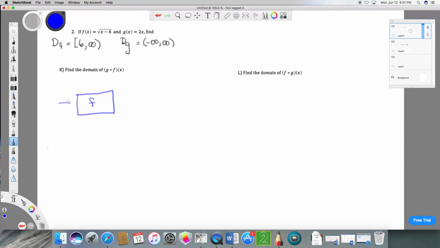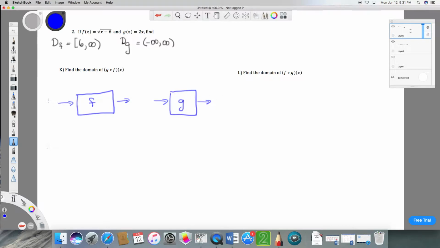And the idea is that we give input to f, and the output of f becomes the input for g, and then the final output is our final answer.